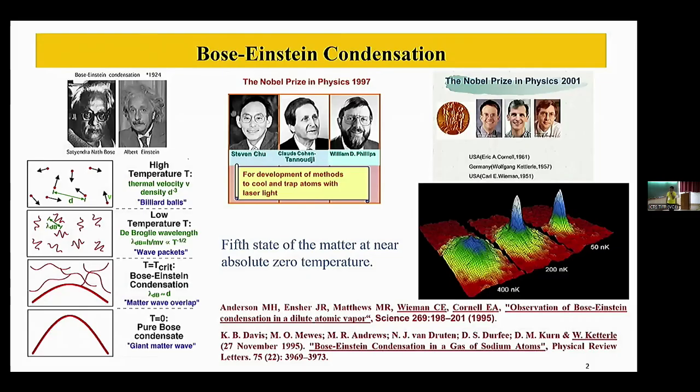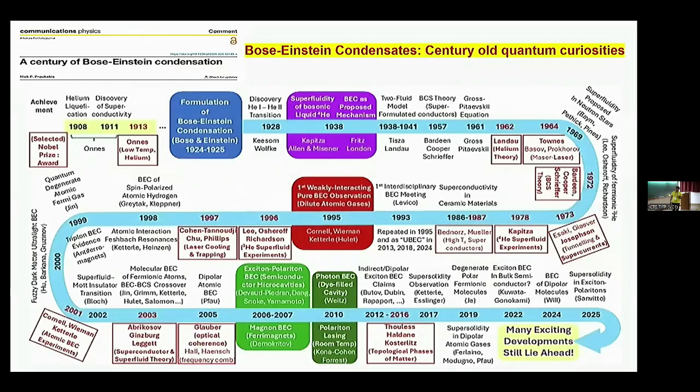Dan Stamper-Kurn is here. So I just wanted to take you through these 100 years of BEC, and throughout the way it has seen many developments in the cold atom field. It started with the quest to understand low temperature phenomena observed in liquid helium, and then at the beginning of quantum mechanics, with the Bose-Einstein theory.